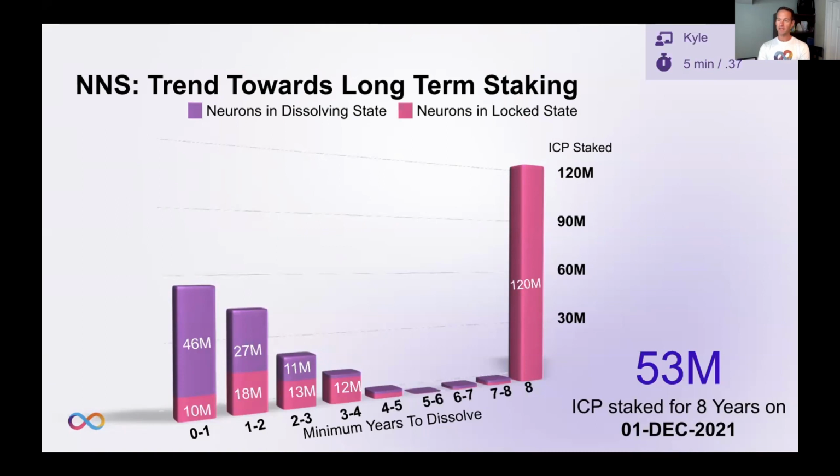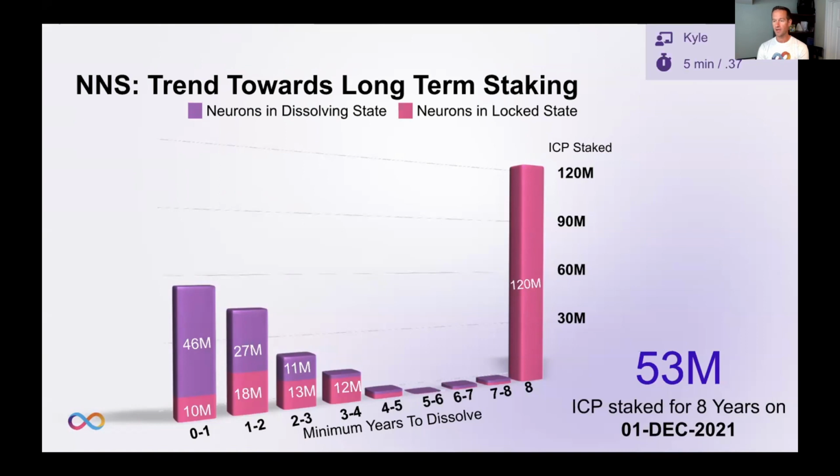So I want to say that again for effect. There's 120 million ICP locked in 8-year neurons as of today. That's almost a quarter of the total supply of ICP. And for reference, on December 1st of last year, we had 53 million. So that number's been increasing pretty quickly over the last 9-10 months.